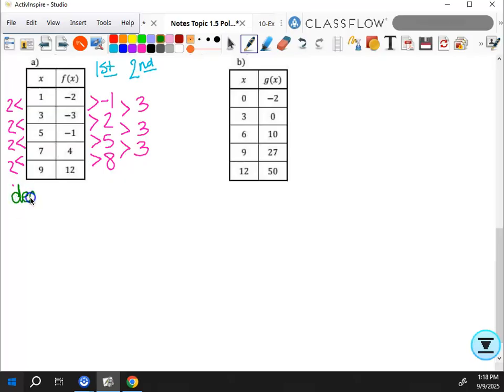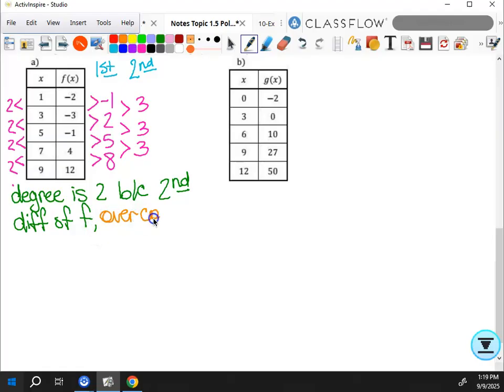So I would say the degree is 2 because the second differences of f, we have to name it, second differences of f, and then I have to say over consecutive equal length input value intervals.